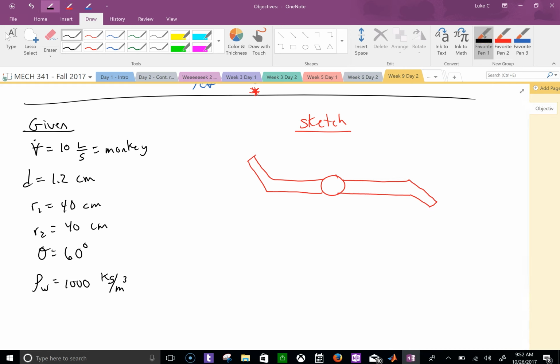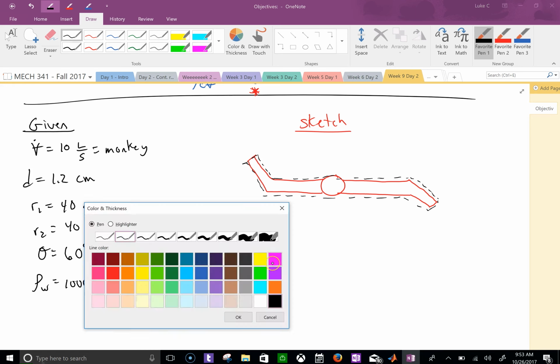Here's my quick sketch, and here's our control volume. Now you can pick this control volume, or you can pick the circle that it actually makes. It's not going to matter. It's the same thing, because you're still looking at what's coming out and what comes in. Let's see here. Purple.